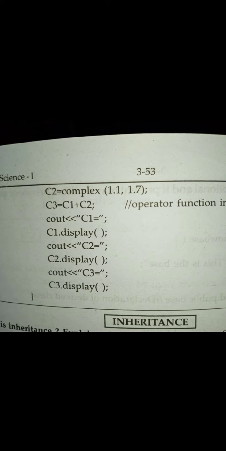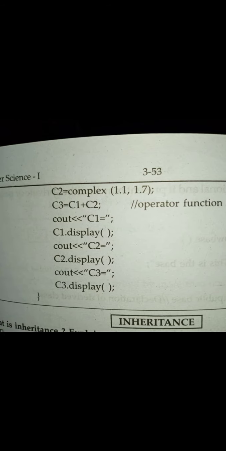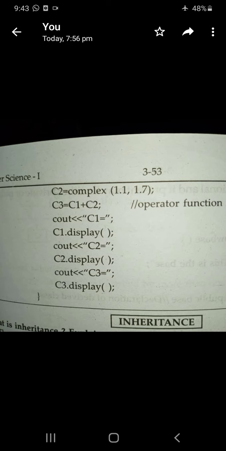So for the second complex number, the real part is 1.1 and the imaginary part is 1.7. And now see, c3 is equal to c1 plus c2. That is, we are using this binary operator plus to directly add two complex numbers c1 and c2. It will directly add the real part x with the real part x of the other complex number, and the imaginary part y with the imaginary part y of the other complex number.